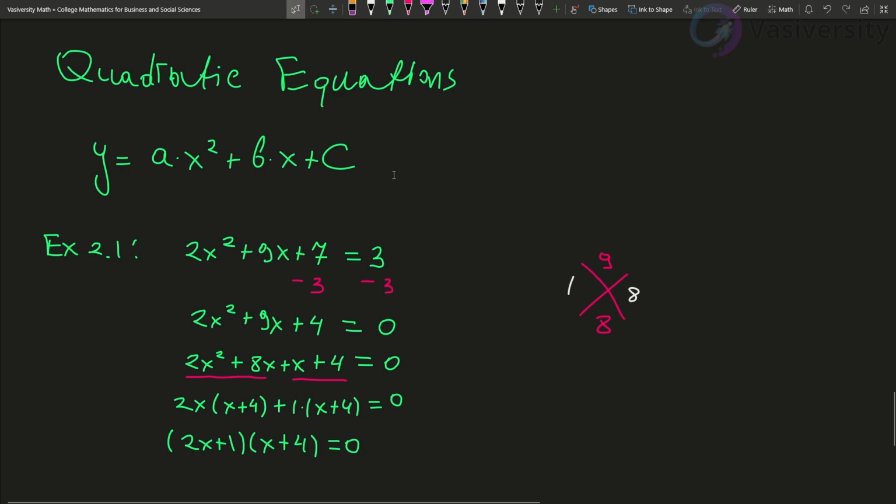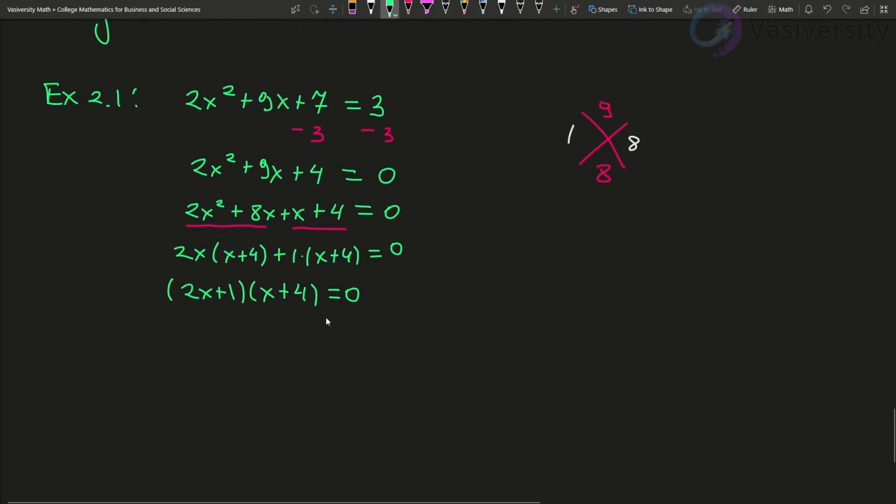Since we're multiplying two terms and they are equal to 0, one of the terms must be 0. So we have either 2x plus 1 equal to 0 or x plus 4 equal to 0.